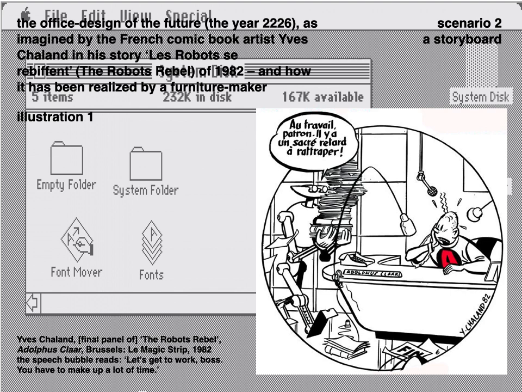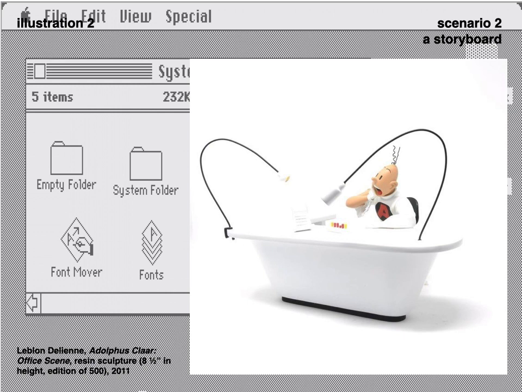So the desk you see here in the final panel from 1982 was actually created as a small resin sculpture, about 8.5 inches in height, in 2011, by a designer called Leblanc Delienne, who specializes in pop art furniture and works mainly with polymer resin, coated, and so forth.